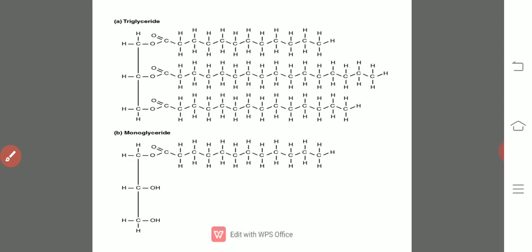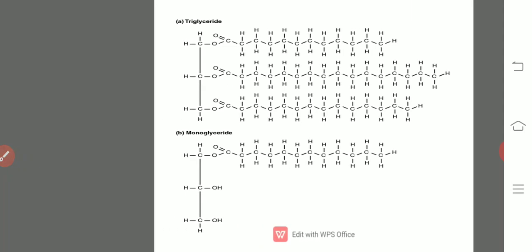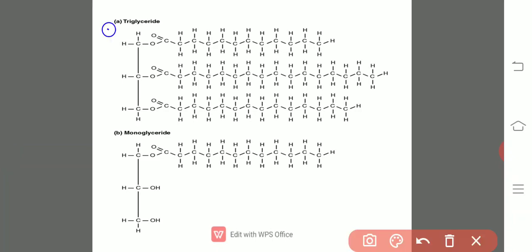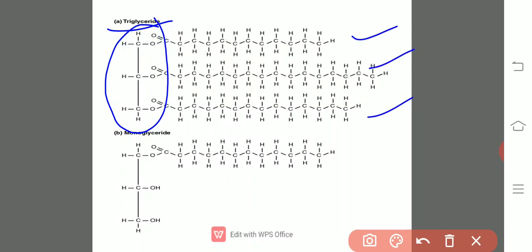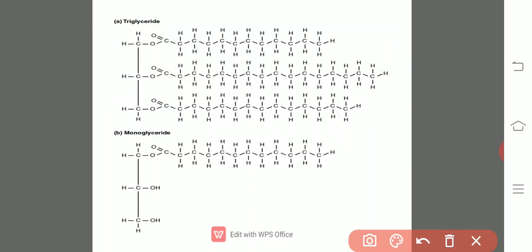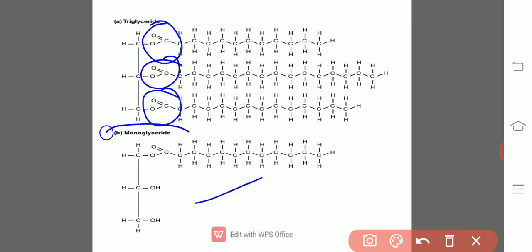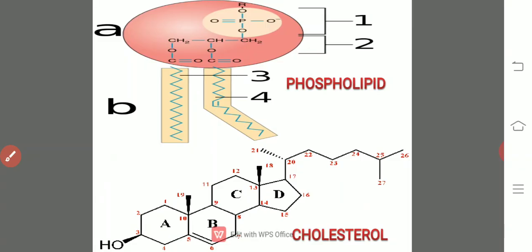See here the above picture that shows the triglyceride, that is one glycerol molecule combined with 3 fatty acid chains. So here we will see the bonds. These are the ester bonds. In the below picture we will see only one side chain and the glycerol molecule. It is a monoglyceride. The above one is the triglyceride, right?